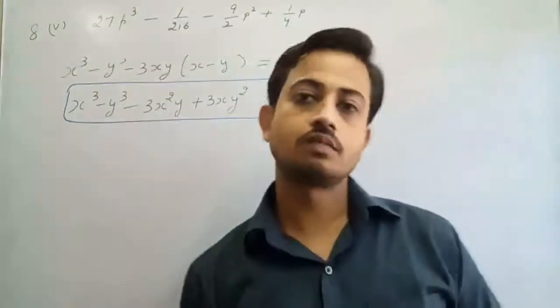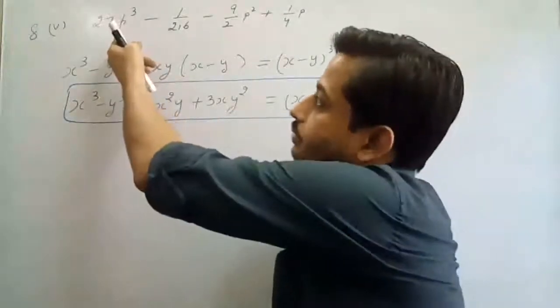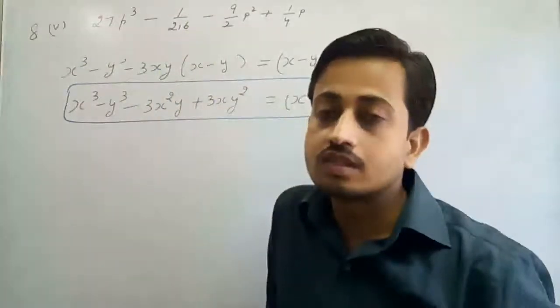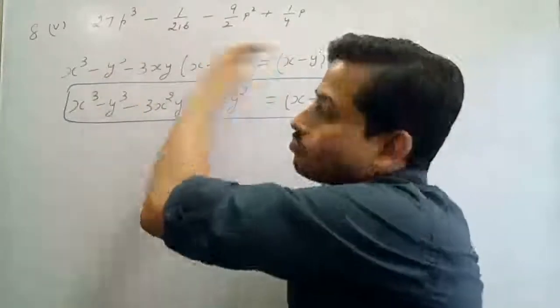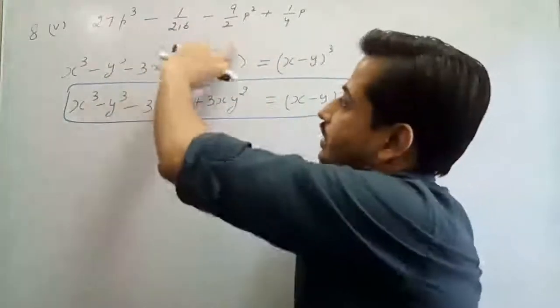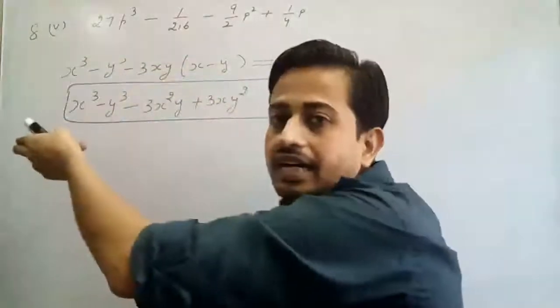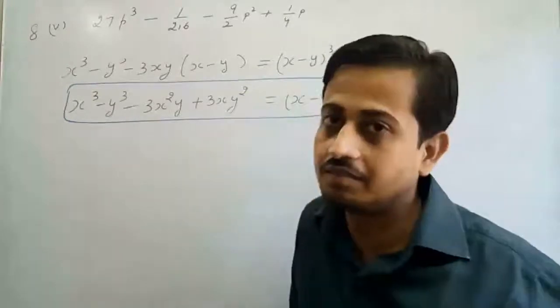Now look at question number 8 part 4. It is very similar because in this p cube and this is 1 upon 216, it is also a whole cube of 6. So this is the same format and the sign is negative, so we have to use the same identity. So that's why I did not rub this identity, because we have to use the same identity.